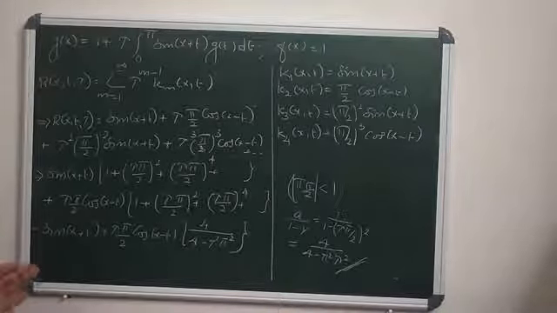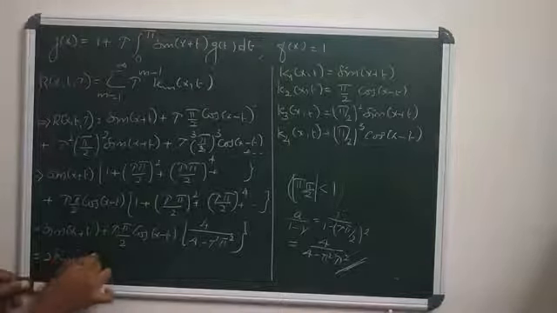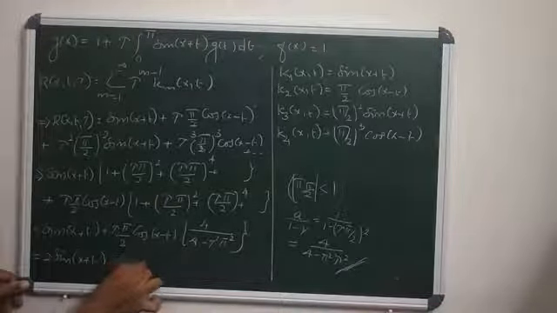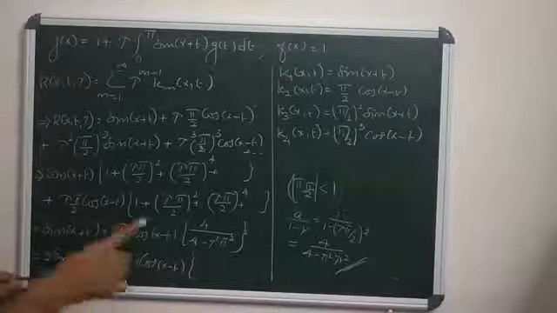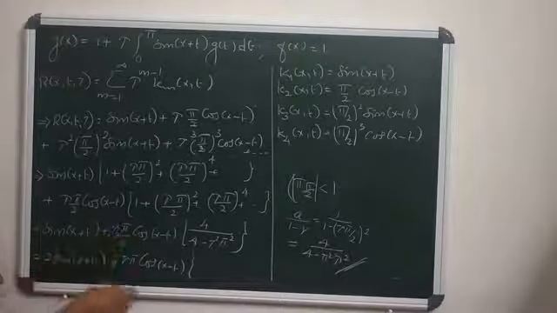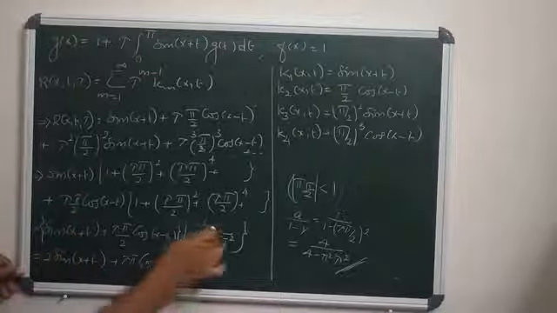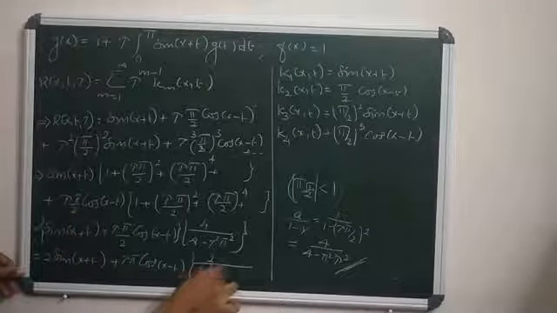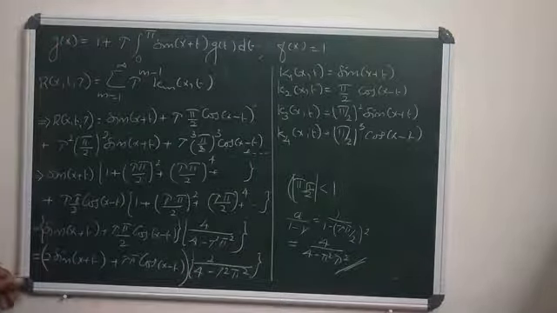Then after rearranging, it is nothing but 2 sin(x+t) plus λπ cos(x−t), multiplied together with the 2, all divided by 2 into this one, so it is 2/(4−λ²π²).